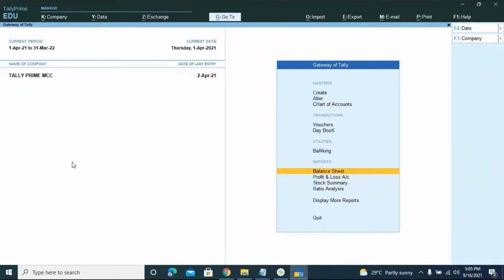Tax deducted at source. Yes, it is tax deducted at source. Now, we have two types of taxes which I discussed when I was discussing GST. We have direct taxes and we also have indirect taxes. Now, if I go for TDS, which type of tax is TDS? Is it direct or indirect?